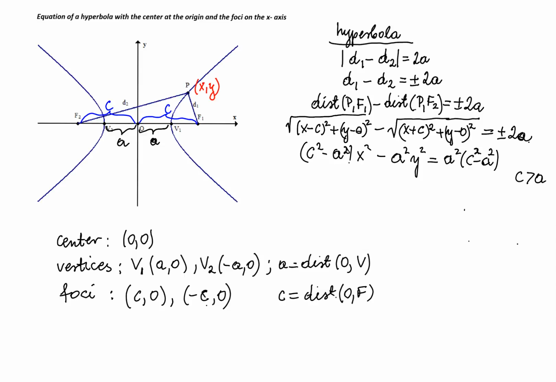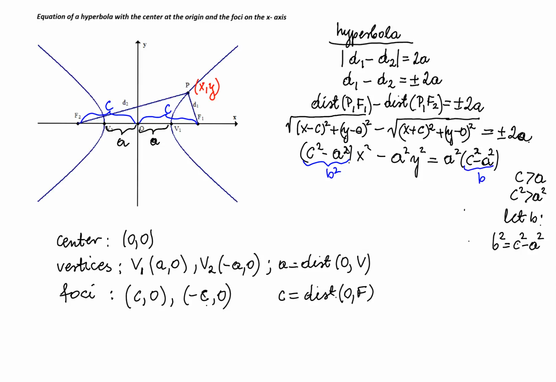Because we know that the c value is more than the a value, this was our choosing of value a, c squared is going to be more than a squared, and therefore the expression c squared minus a squared is positive, and therefore we'll define a number b, a positive number b, in such a way that b squared is going to be c squared minus a squared.